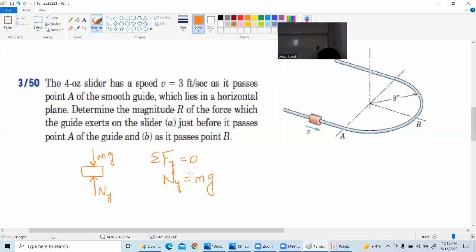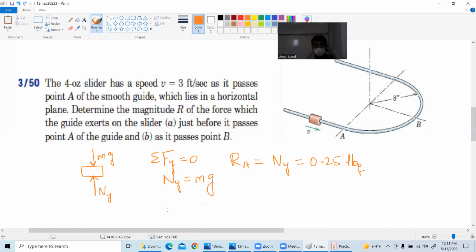And then we will say that the reaction at A is equal to Ny, which is equal to 0.25 pound force. Sorry, I apologize, pound force, not pound mass.